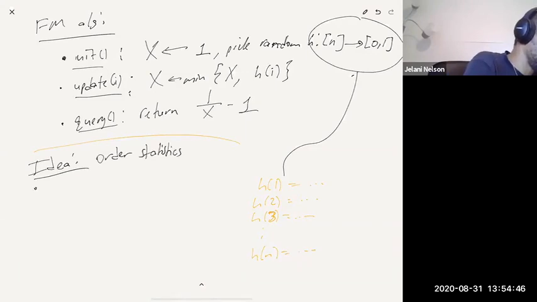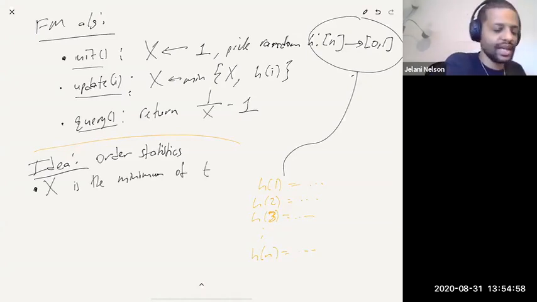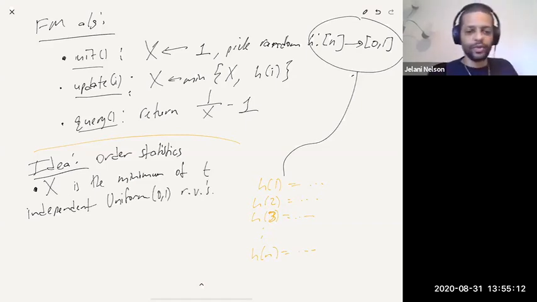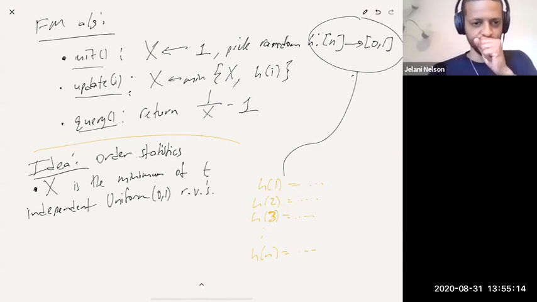This counter x that I'm storing in memory, x is the minimum of t independent uniform random variables, where t is the actual number of distinct elements. Uniform between 0 and 1.